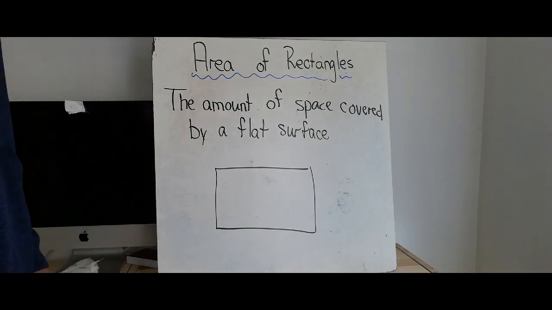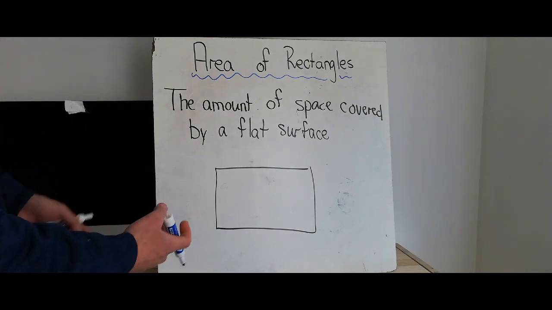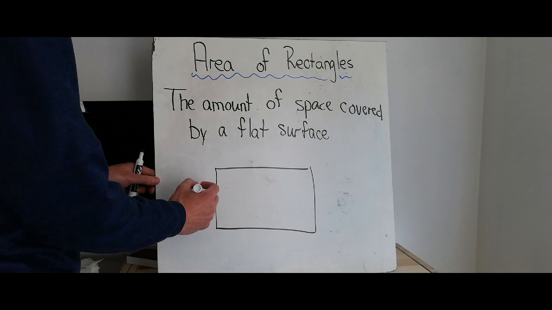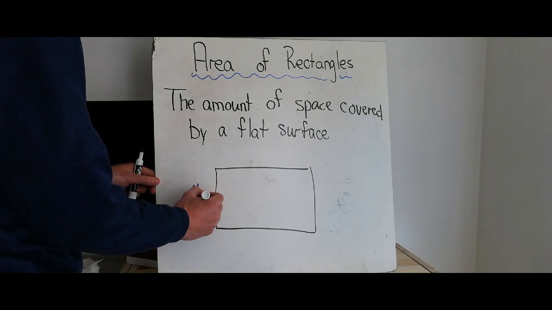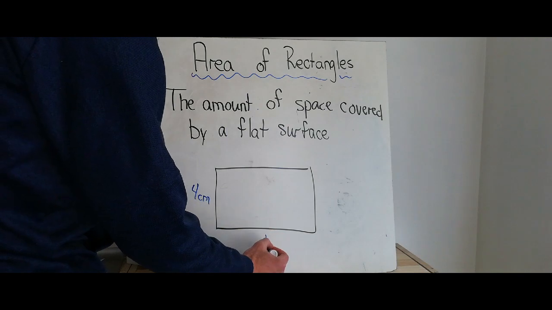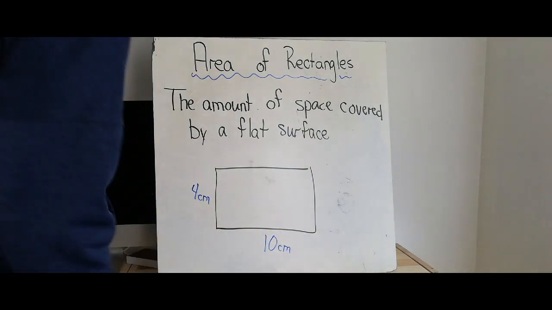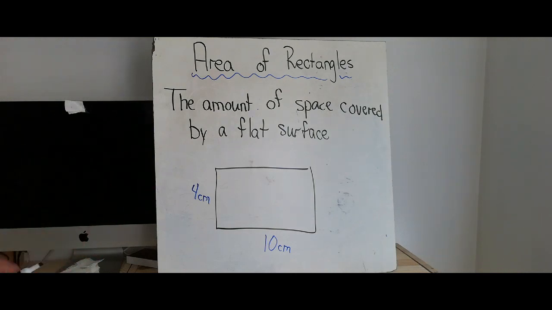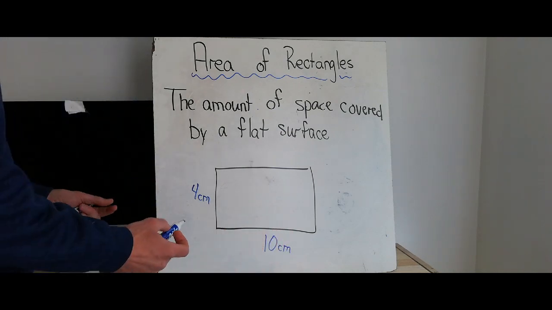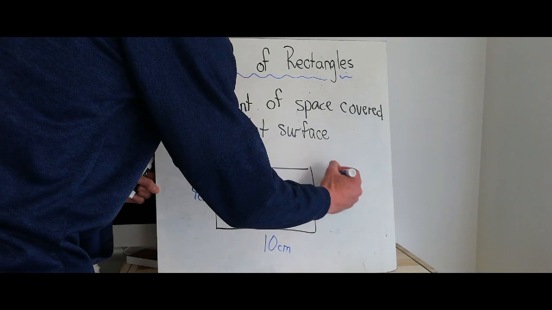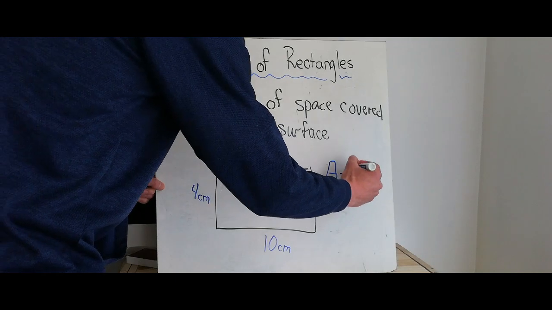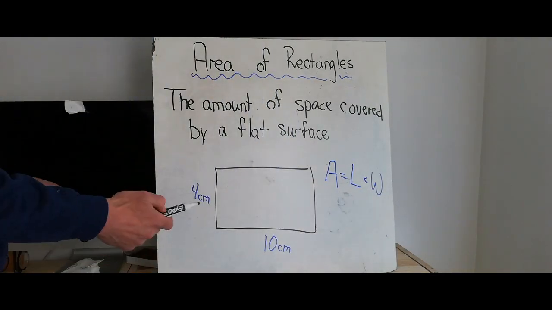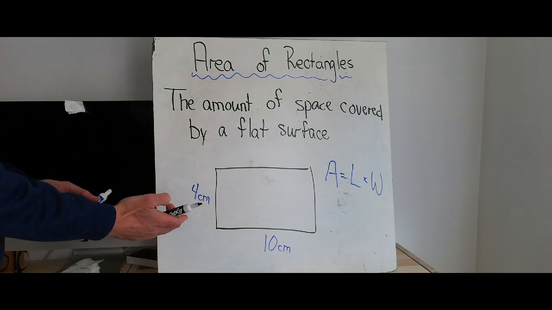Okay, I'm going to do one more example. Again, this is a rectangle, and remember for rectangles, even though I haven't drawn this accurately, this is 4 centimeters and this is 10 centimeters. Area becomes really simple once you know it. What is the area? Well, if you remember your formula, A stands for area, and area is equal to the length, L, times the width, W. It doesn't matter too much what you put for length and width.